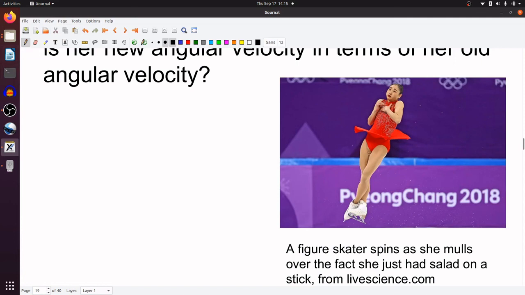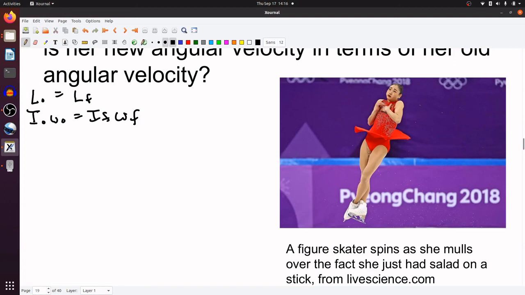It really, really helps. All right, so we know that the sum of all of our initial angular momentums is equal to the sum of all of our final angular momentums. Okay, and so that's going to be I naught omega naught, because we have just one person, equals I f omega f, because we just have one acting body.